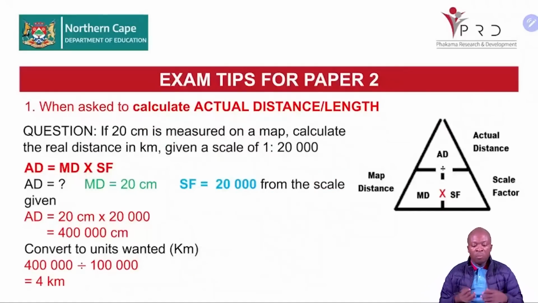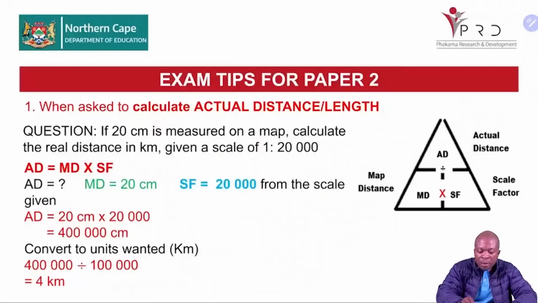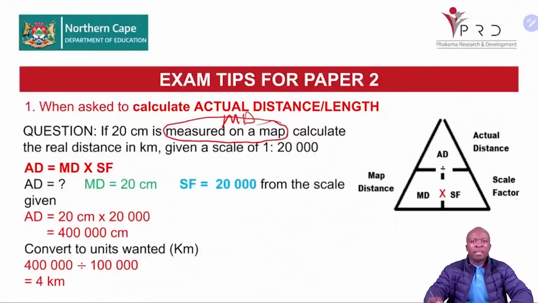All right, so let's look at how we apply them in answering questions. When you are asked to calculate the actual distance or actual length, for example, they are saying if 20 centimeters is measured on the map, look at that. You circle it, measured on the map. So this is your MD, the map distance.